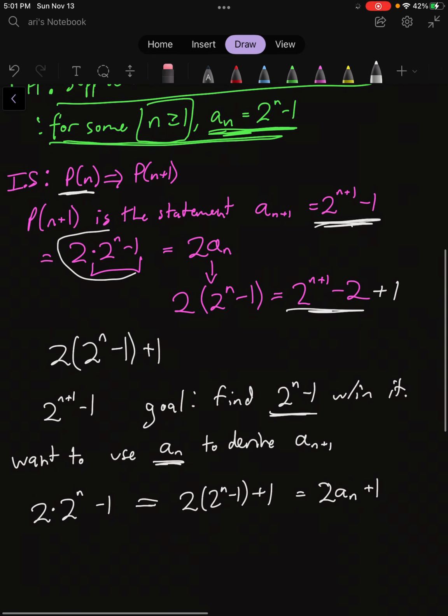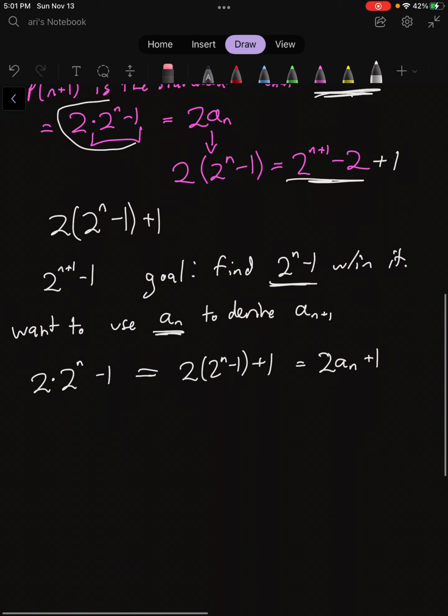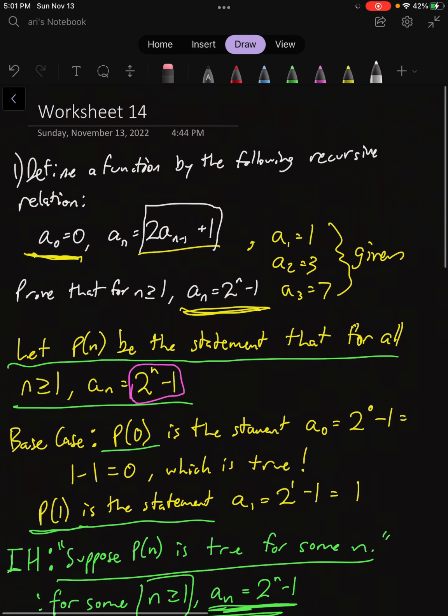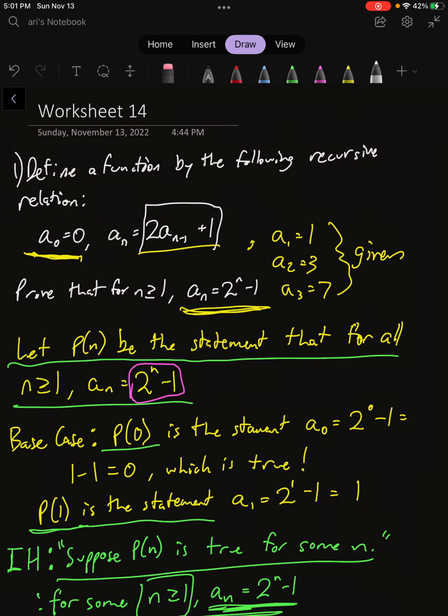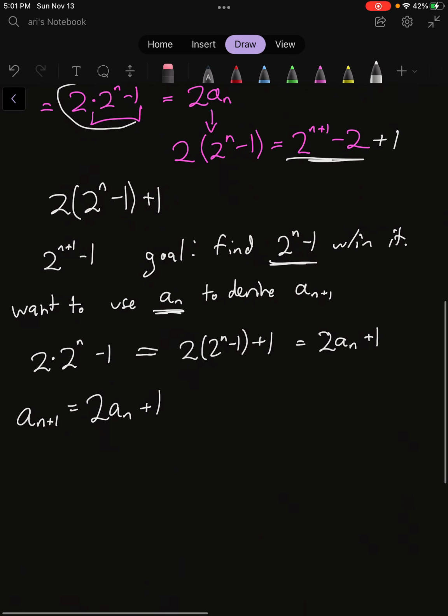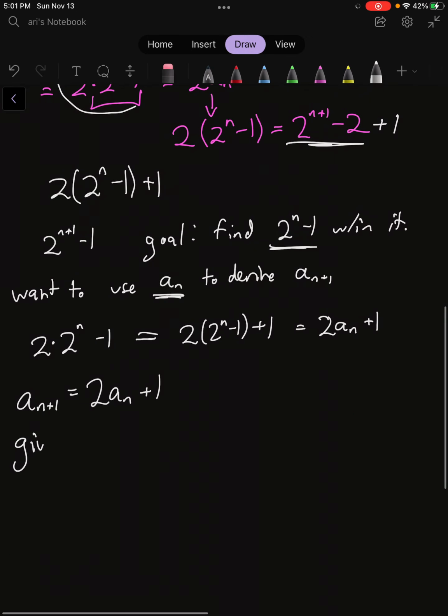So basically what we found is that a of n plus 1 is equal to 2 times a of n plus 1. And what we're given at the beginning is that a of n equals 2 times a of n minus 1 plus 1. So we're given this template of a of n equals 2 times a of n minus 1 plus 1.